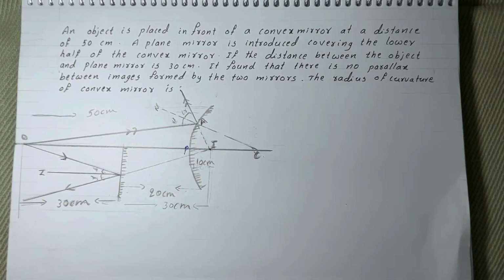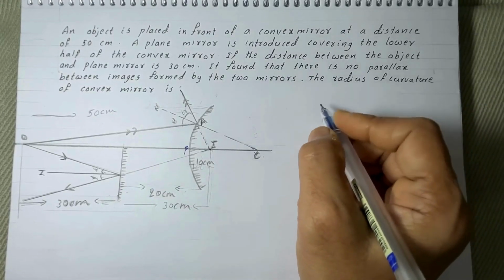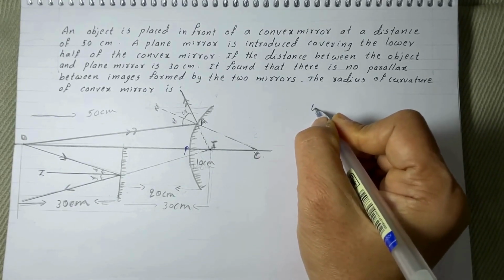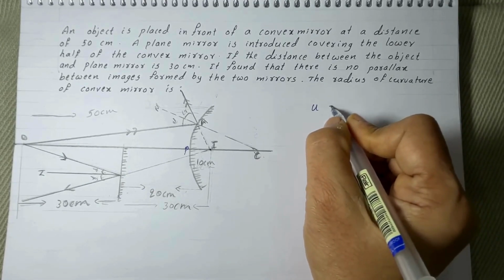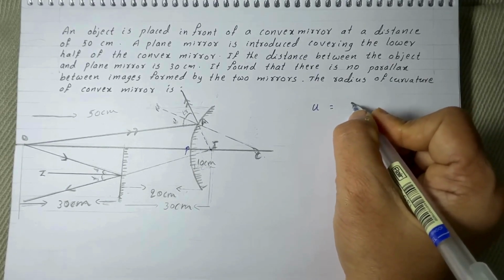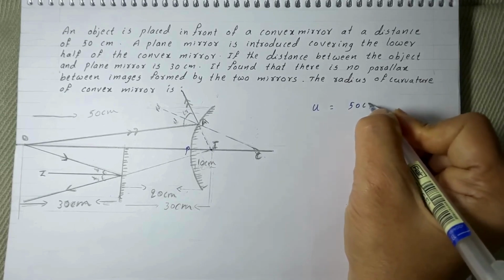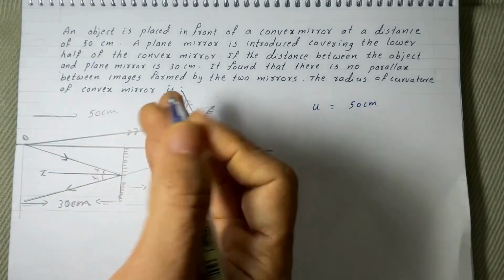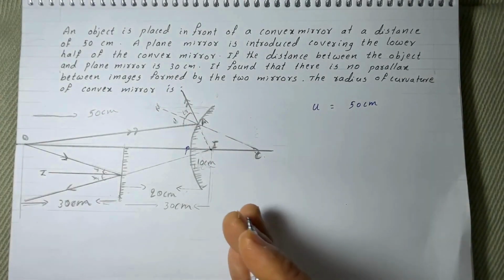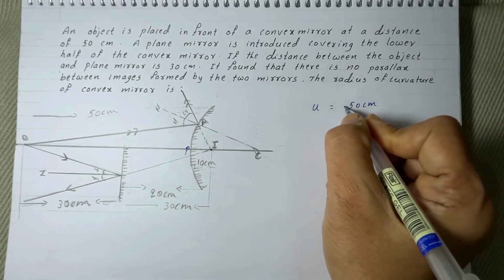Now let me write the given data from this problem. First, object distance u is equal to 50 centimeters. But that is in front of the convex mirror, the left hand side of the convex mirror, so that is a negative sign.